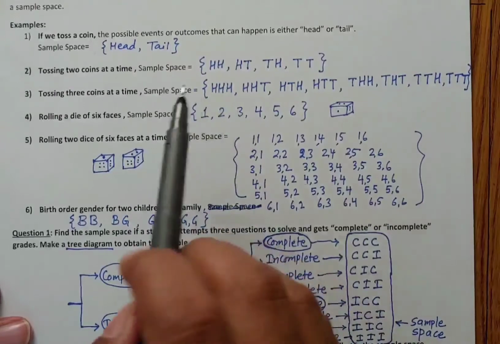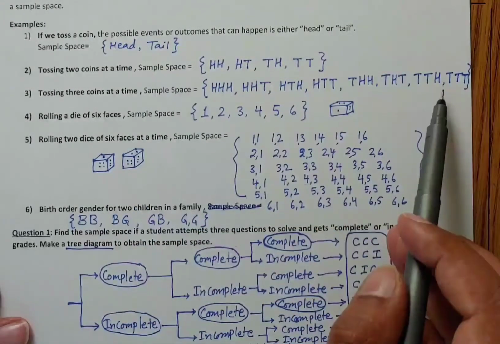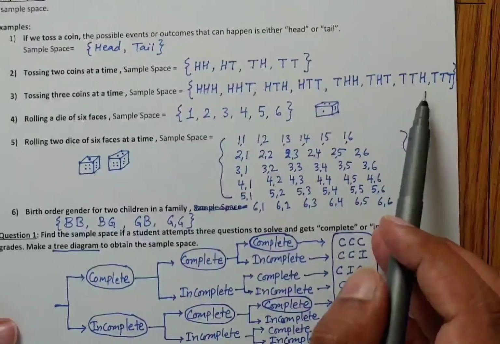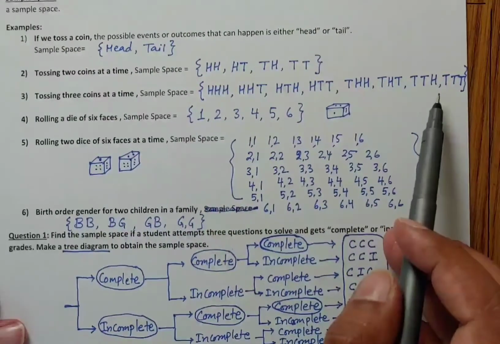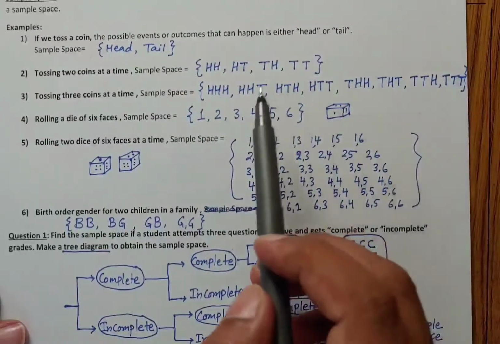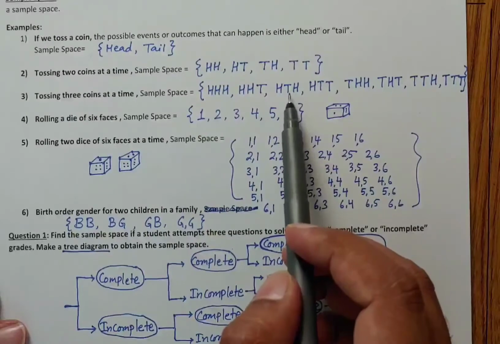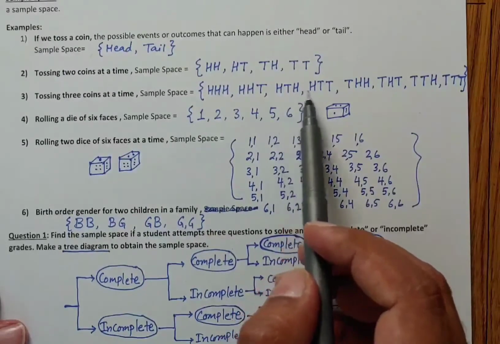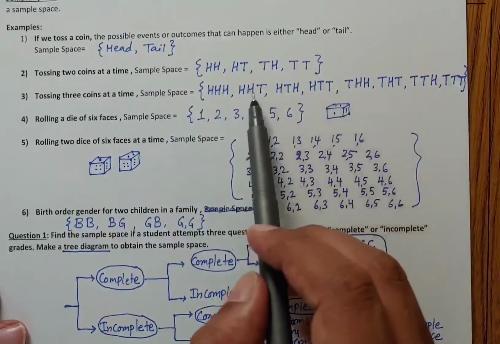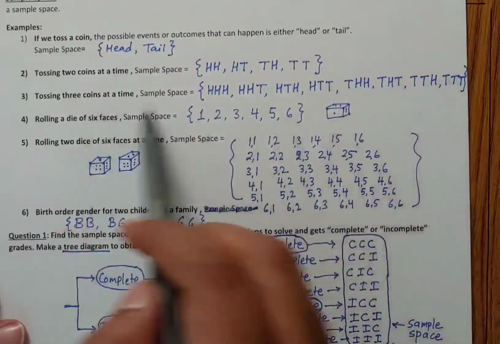Now what is the event of getting 2 heads? So this is getting 2 heads. This also 2, and these. So these 3 cases, these are the subset of the sample space.